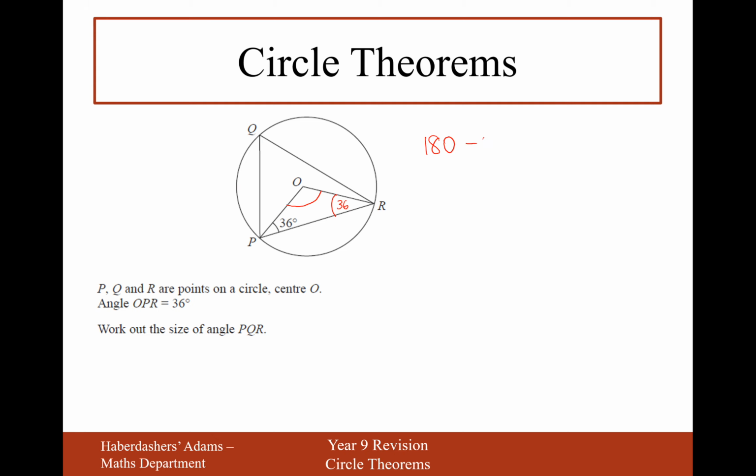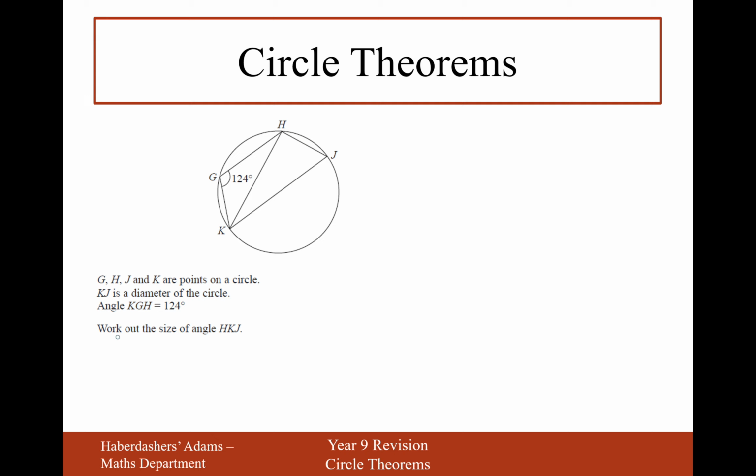So I'm going to do 180 minus 36 minus 36. 36 plus 36 is 72, so I'll have 108 degrees left for this angle here. And then I need to halve it to get to this angle here, our final answer. So 108 divided by 2 is 54 degrees. And that's the answer for this question.